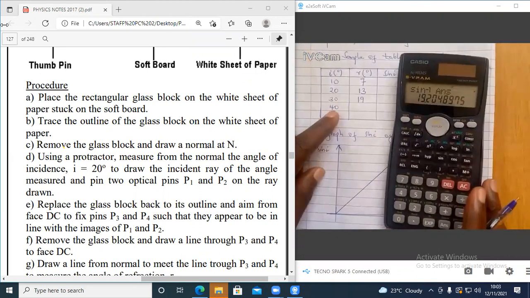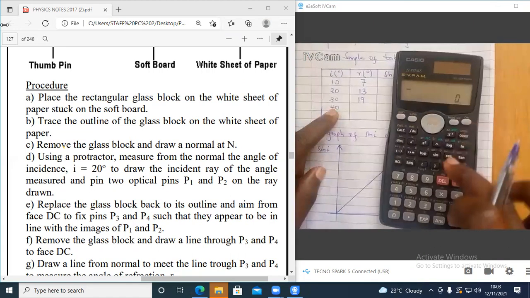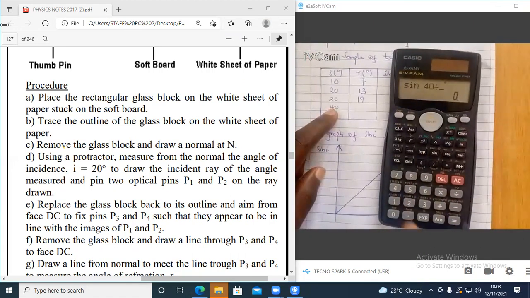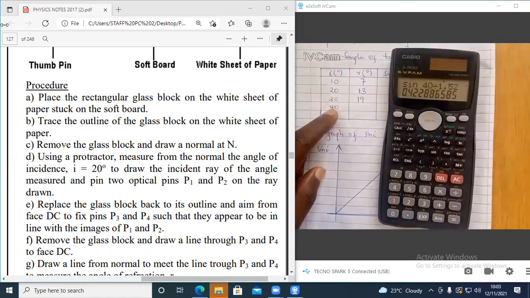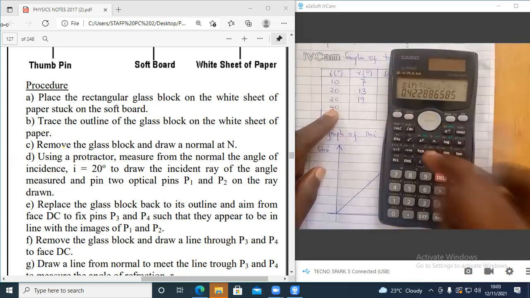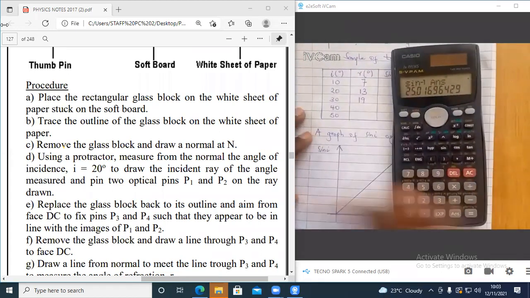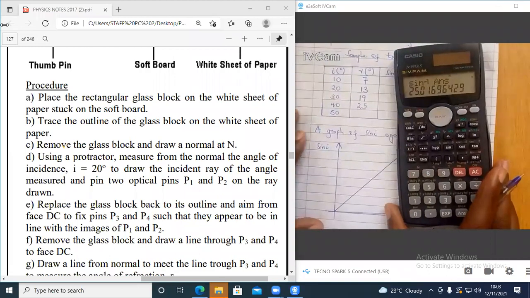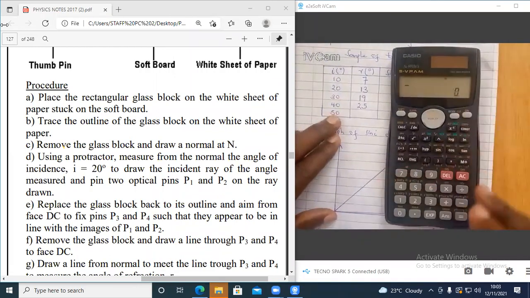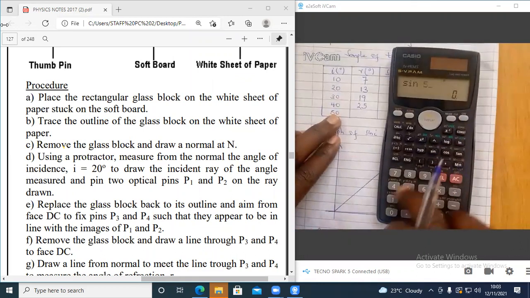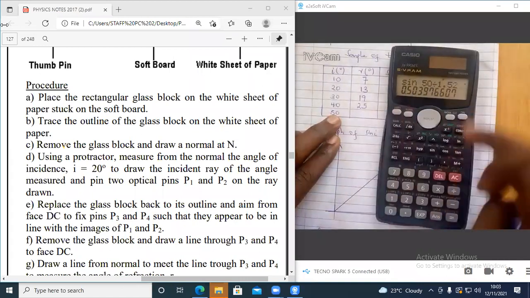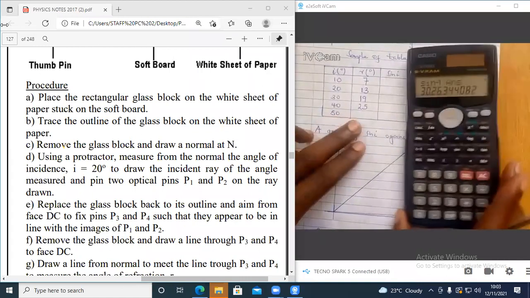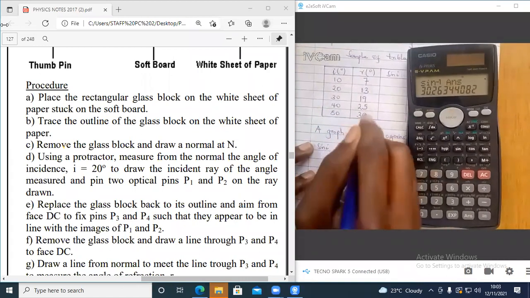If it is 40, we shall have sine of 40 divided by 1.52, shift sine, we are supposed to get 25. If it's 50, sine of 50 divided by 1.52, shift sine, we are supposed to get 30 degrees.